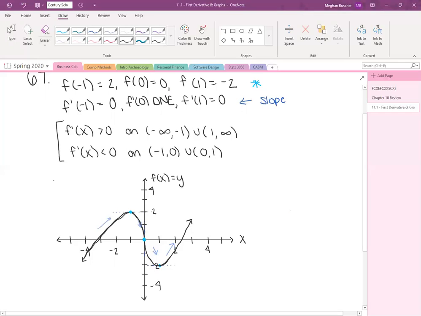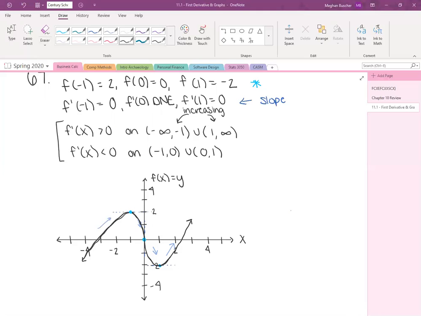Okay. So what you just said is we are increasing from negative infinity to -1. Well, look at right here. From negative infinity to -1, our derivative is positive. And then again, from 1 to infinity, we're increasing again. Well, that's the same thing here. So in these intervals, we're increasing.